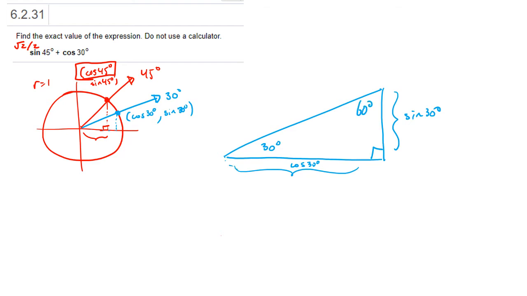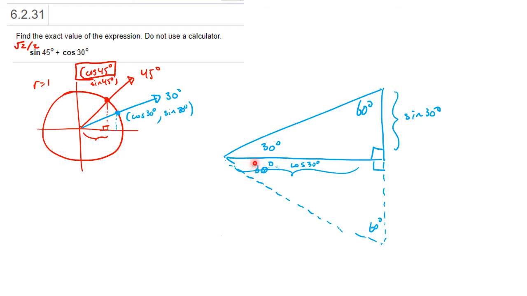So the little trick we're going to do is we're going to do a mirror image of this top half and reflect it down like this. So if I get another mirror image there, here I get 60 degrees and here I get 30 degrees. So look at what's happened. I've got 60 degrees, and if I stick these together to make one giant triangle, this is also 60 degrees, which means it's not just isosceles.